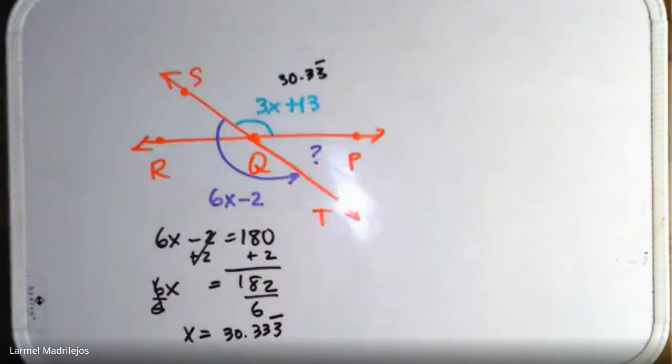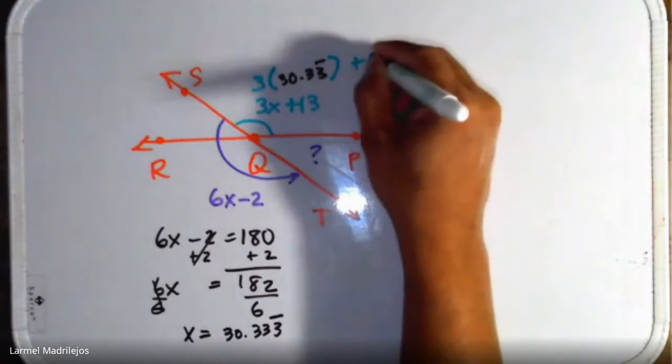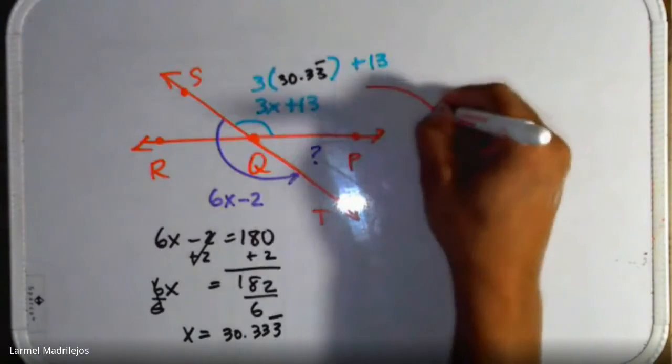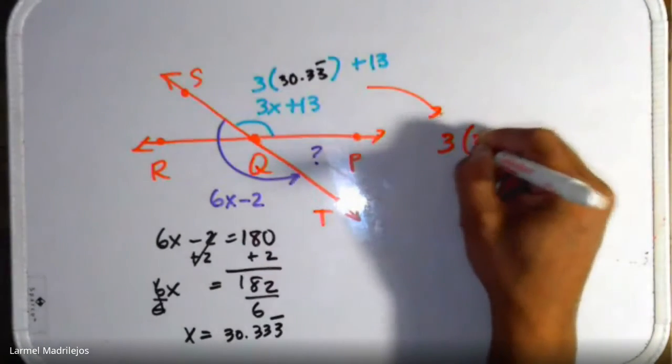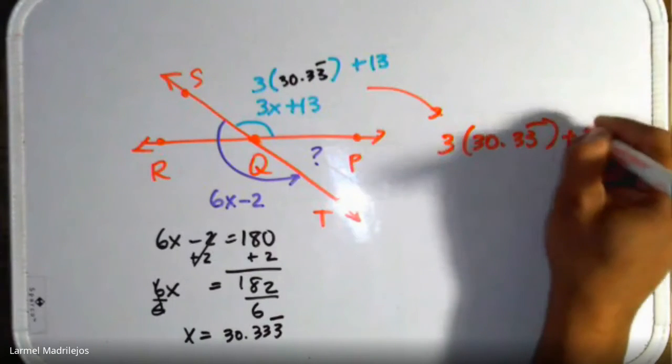Continue, multiplied by this number here, 3x plus 13. Let me write it here. 3 times 30.33, plus 13.